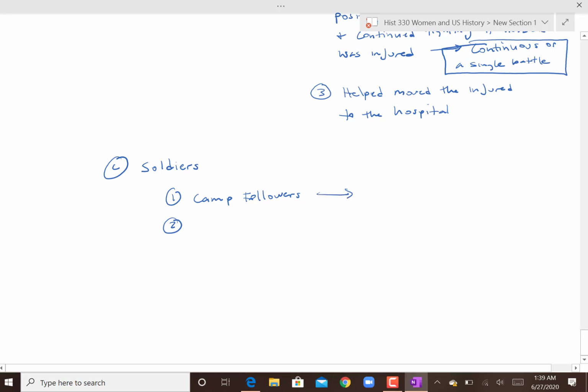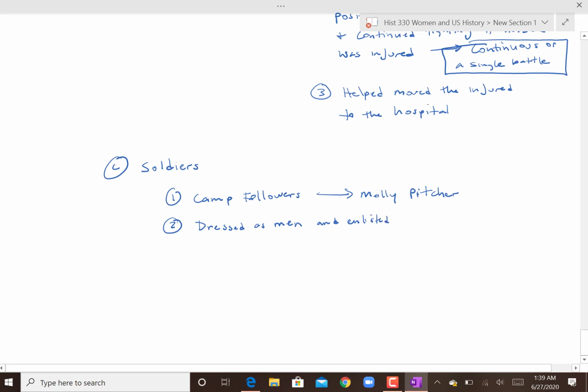And then here you have Molly Pitcher, that provided the water for the battle and brought that. But then you also had women who dressed as men and enlisted as soldiers and fought.